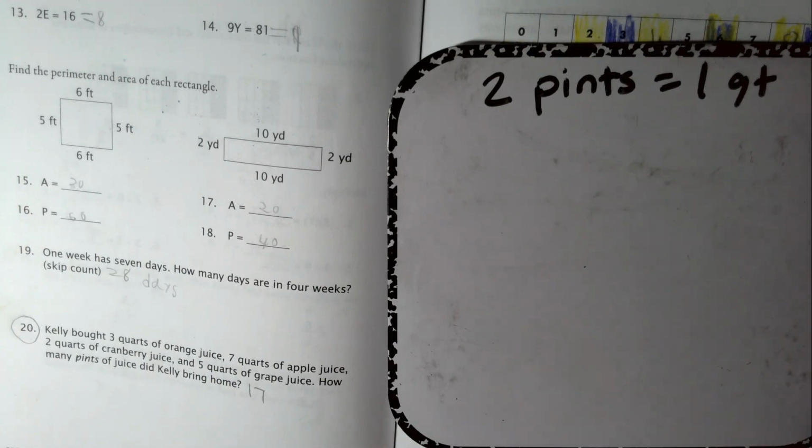Now we know that she bought a bunch of quarts of all kinds of juice. But what's the question asking? How many pints of juice? They're not asking how many pints of cranberry and grape juice, and then how many pints of apple. They're just saying all together, how many pints of juice all together. So first, we're going to find out how many quarts of juice all together did she buy.